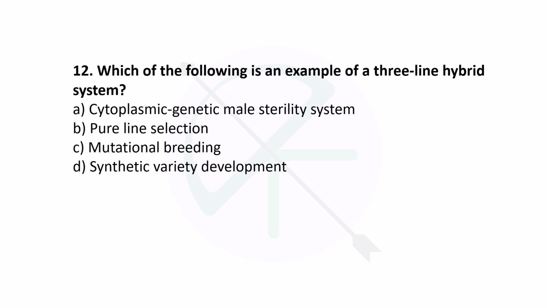Next question is, which of the following is an example of a three-line hybrid system? The example is cytoplasmic genetic male sterility, or CGMS as we call it.